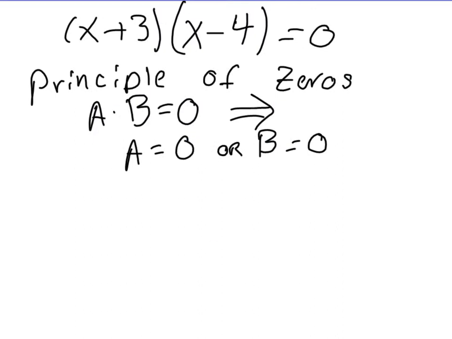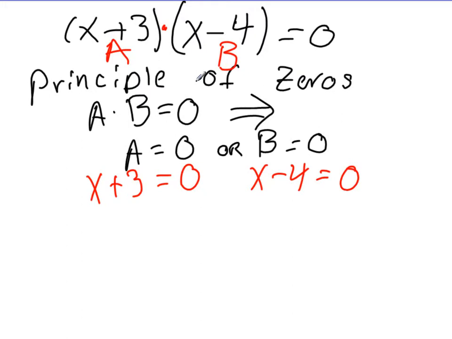So, looking back at our nice factored form, we have something, well, x plus 3 is our something, times another ugly something, x minus 4. So really we have a here times b equals 0. So either our a equals 0 or our b equals 0.